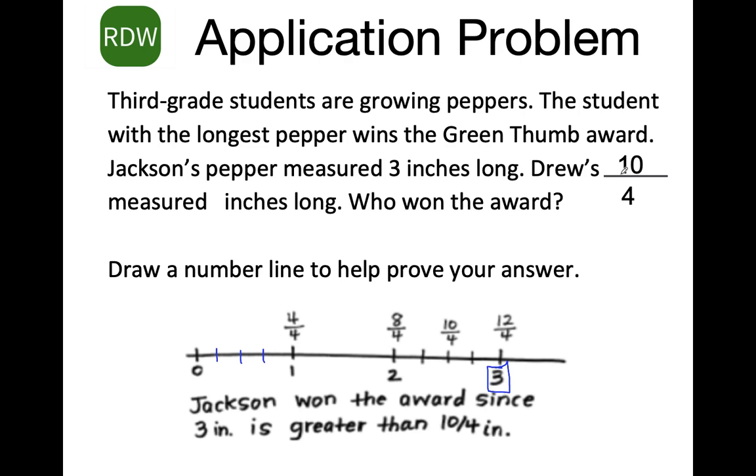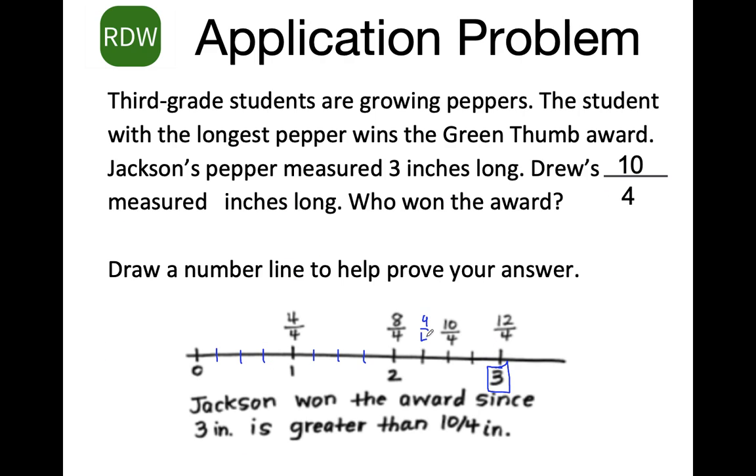We know that 10/4 is bigger than that. Then we would go 5/4, 6/4, 7/4, 8/4. So it's not a whole number of 2 inches. How much is Drew's? Then we go from 8/4 to 9/4. So this would be 9/4.